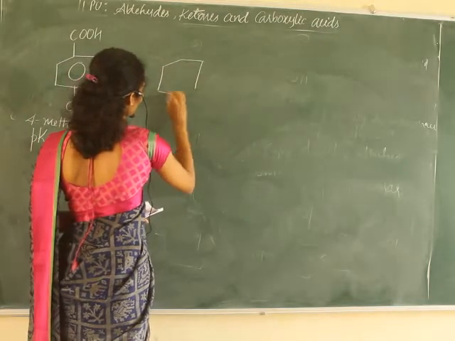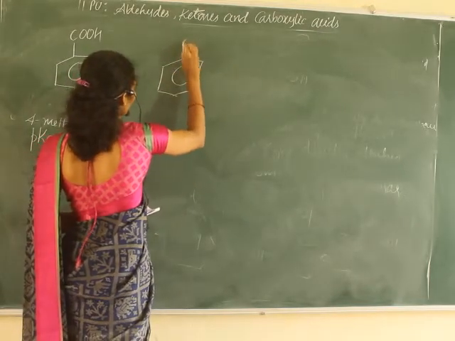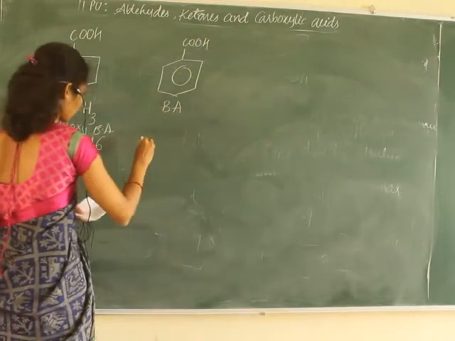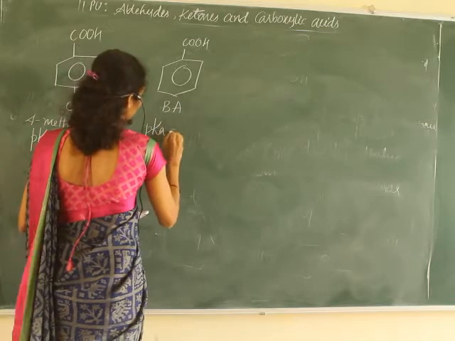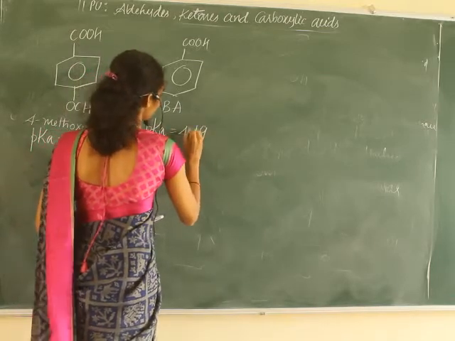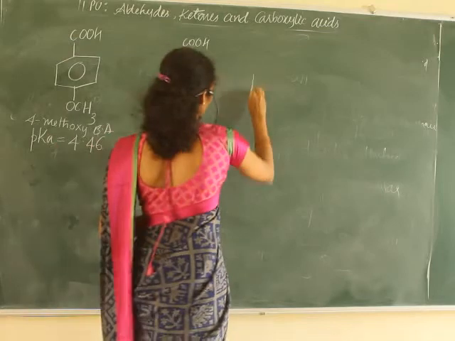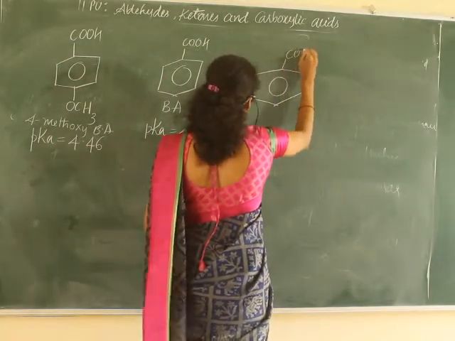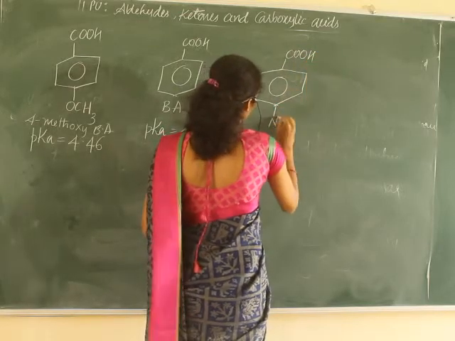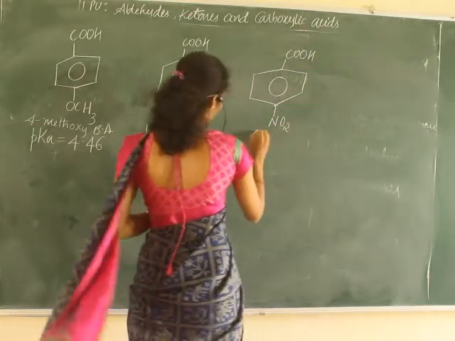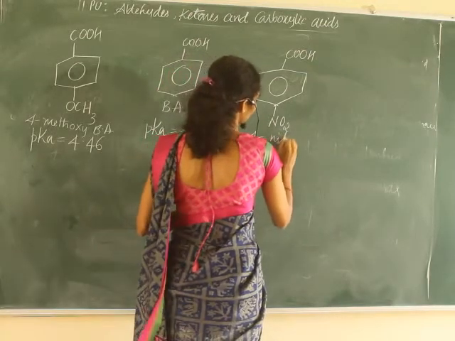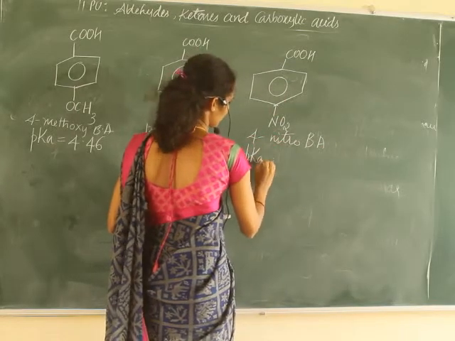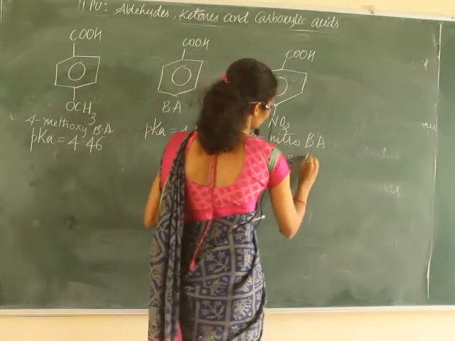Next is benzoic acid, pKa 4.19, and next is 4-nitrobenzoic acid, and the pKa value is 3.41.